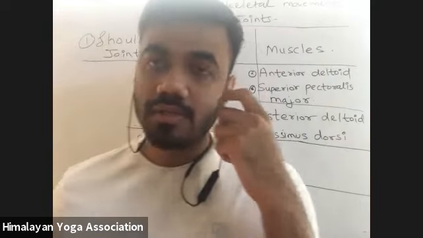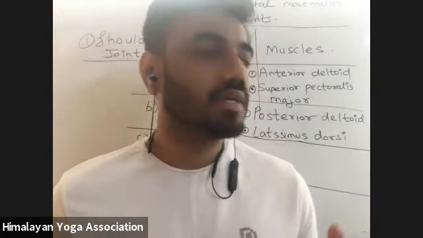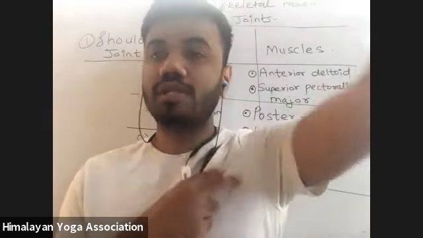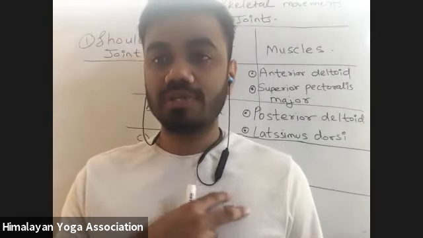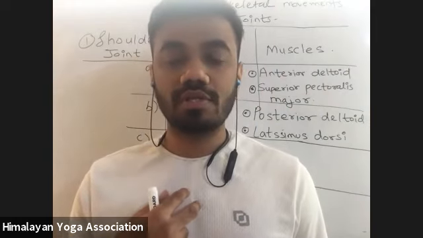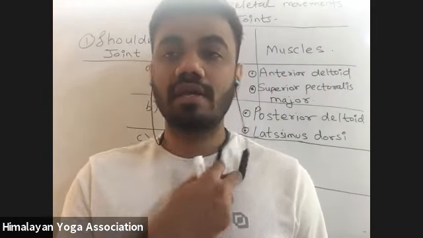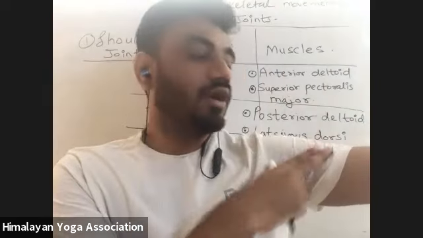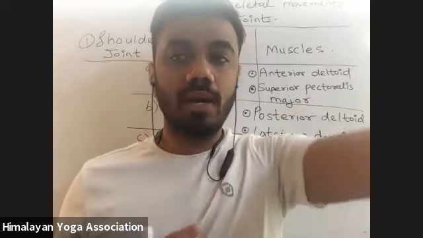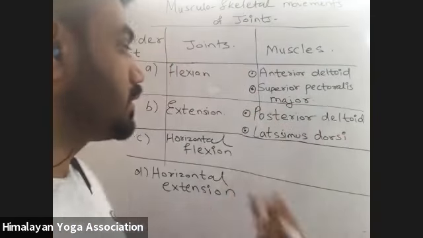So the major muscle in horizontal flexion movement is the pectoralis major muscle of the chest, which originates from the sternum, the ribs and the clavicle and ends up in our humerus, in our arm. So that will allow our arm to flex horizontally.